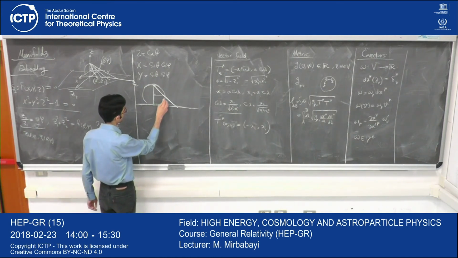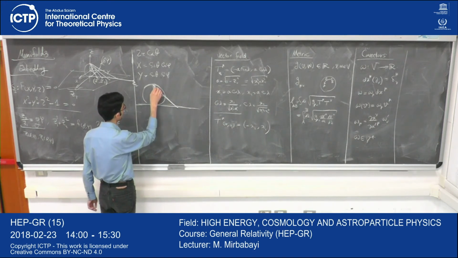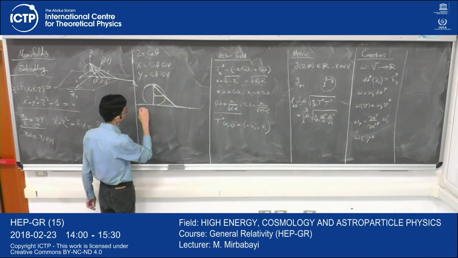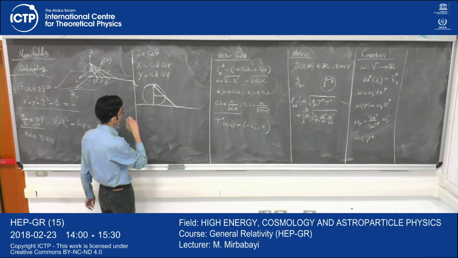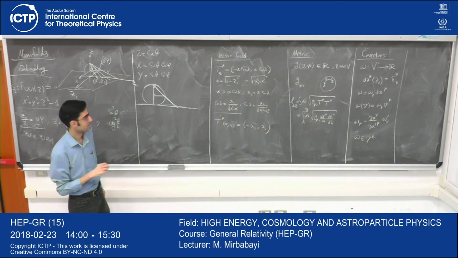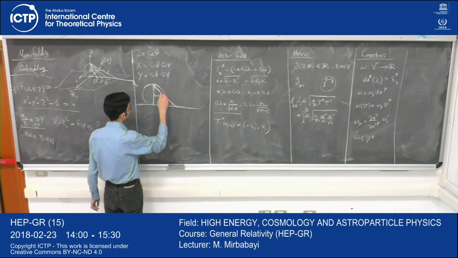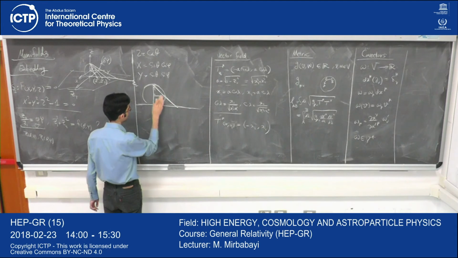So what should you expect if theta is pi over 2? Do we have any expectation? What is this angle when theta is pi over 2? Pi by 4. Yeah, so let's call this angle beta. We can even determine beta in general. What is beta as a function of theta?